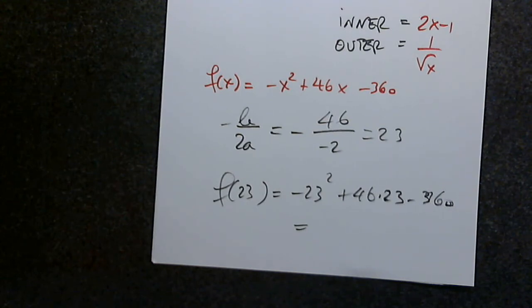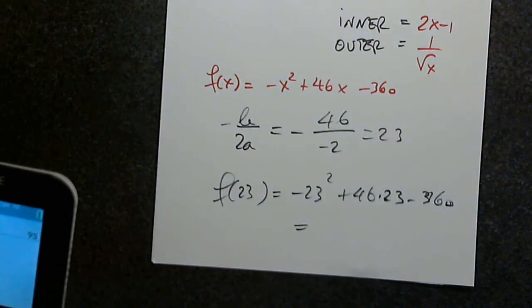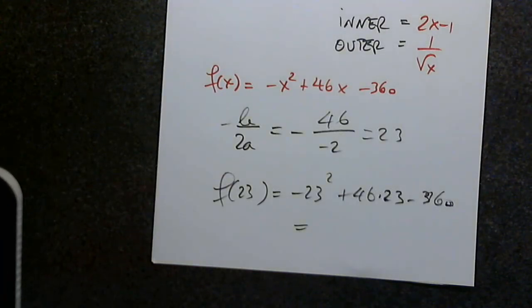How much is it? So negative 23 squared plus 46 times 23 and minus 360.